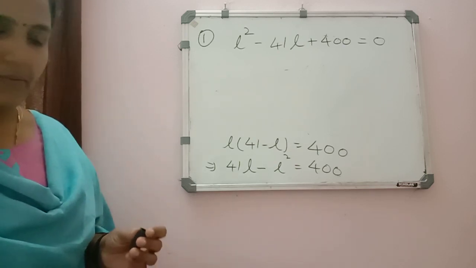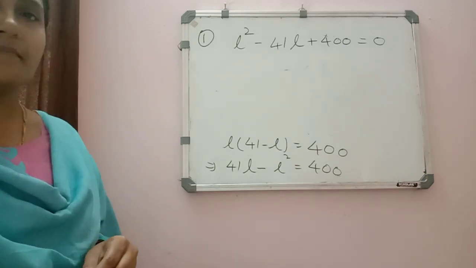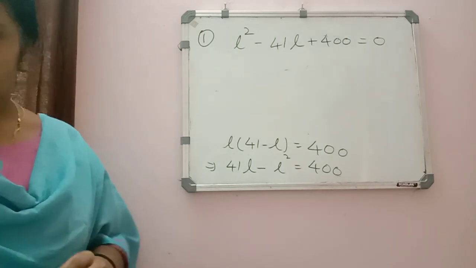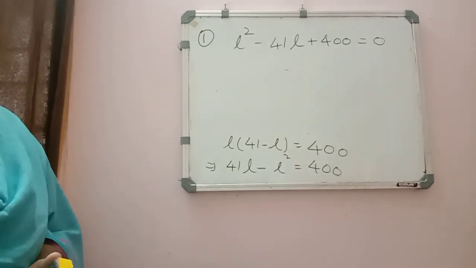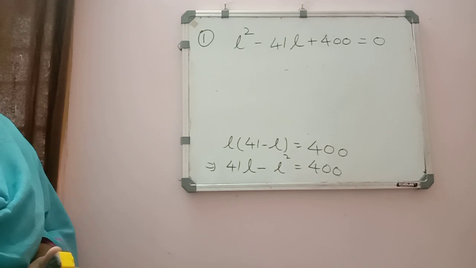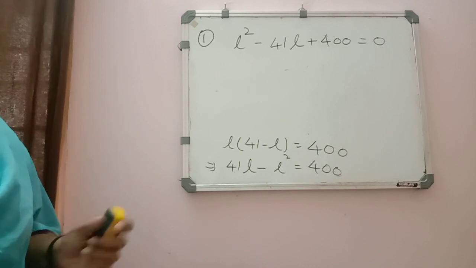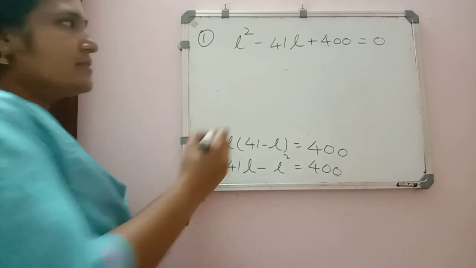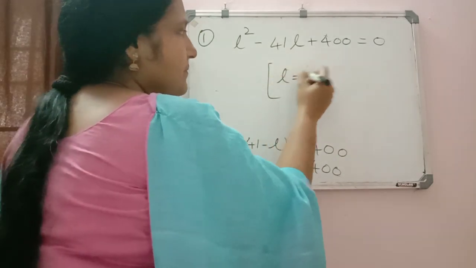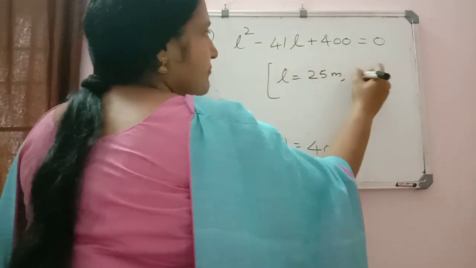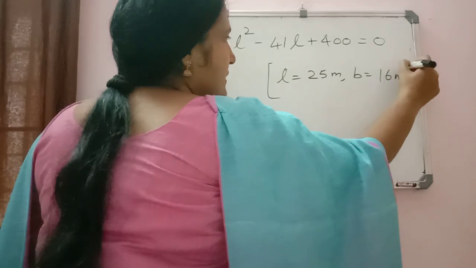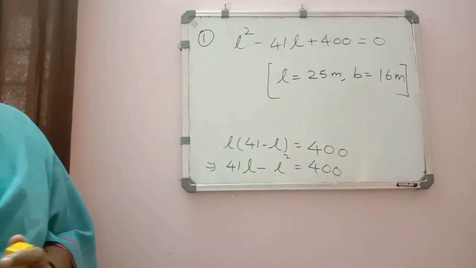All can solve this equation. All can check the answer for this question. Length is equal to 25 meter and breadth is equal to 16 meter.